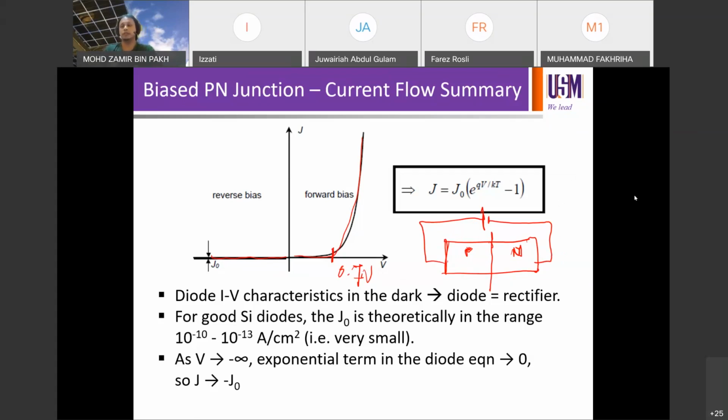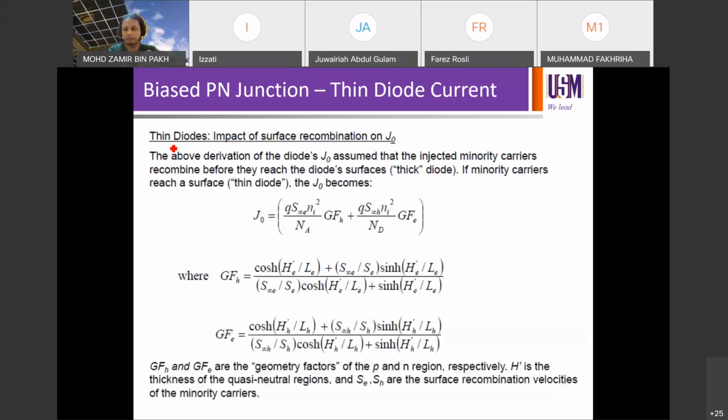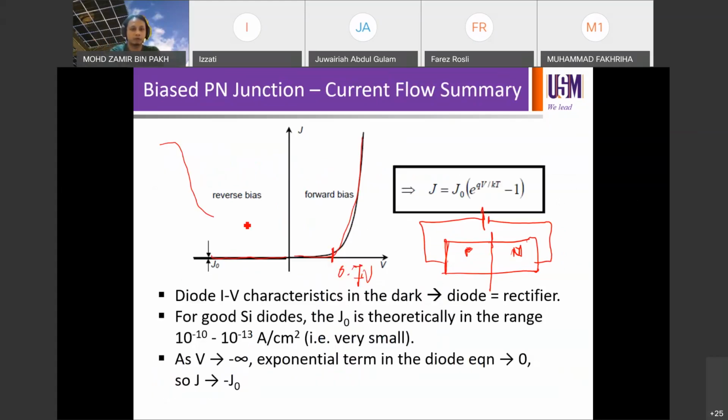And as we learned in the principle last time, relating back to the band diagram, the barrier height will keep increasing due to the reverse bias applied to the junction. So that will, of course, hinder the carriers from continuing to flow.